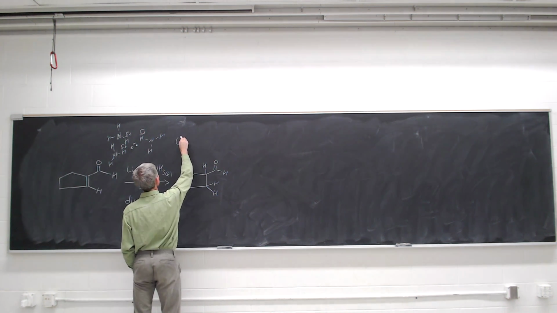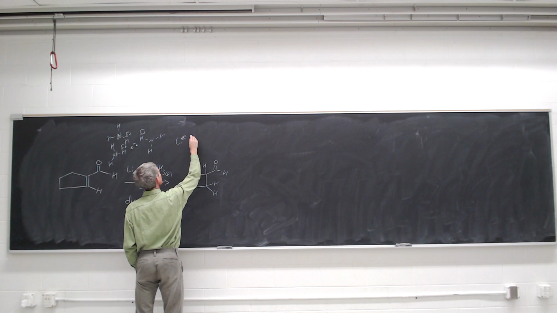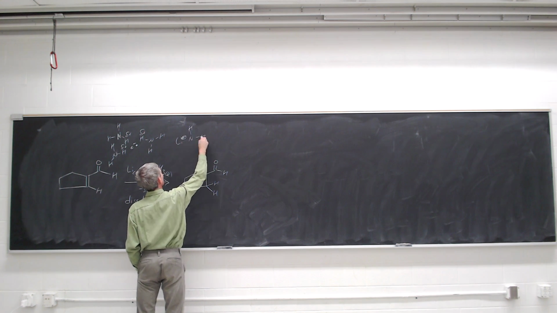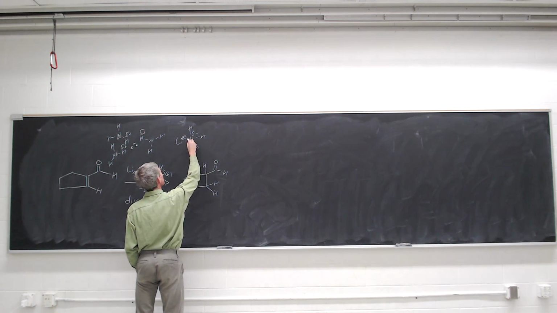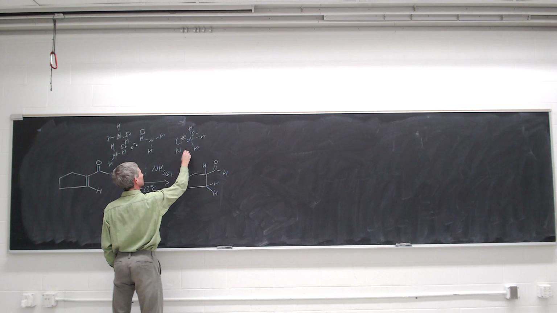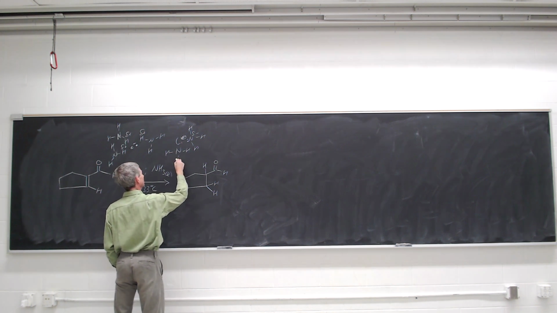And then, of course, the lithium cation is surrounded by partially negative nitrogens. And since lithium really readily gives up its electron, it's able to give it up to even ammonia.